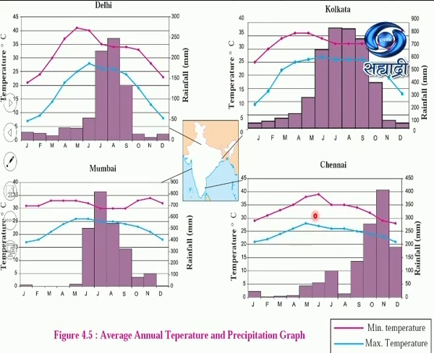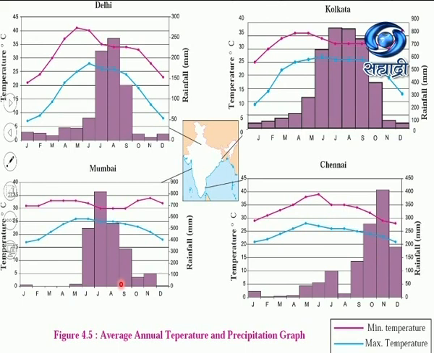Let's move on to Mumbai. Mumbai is on the western coast of India. Same as Chennai, here we find Mumbai is also having maximum rainfall in the months of June, July, August, September from the southwestern monsoon winds. Mumbai being on the windward side of the Western Ghats, it receives maximum rainfall.